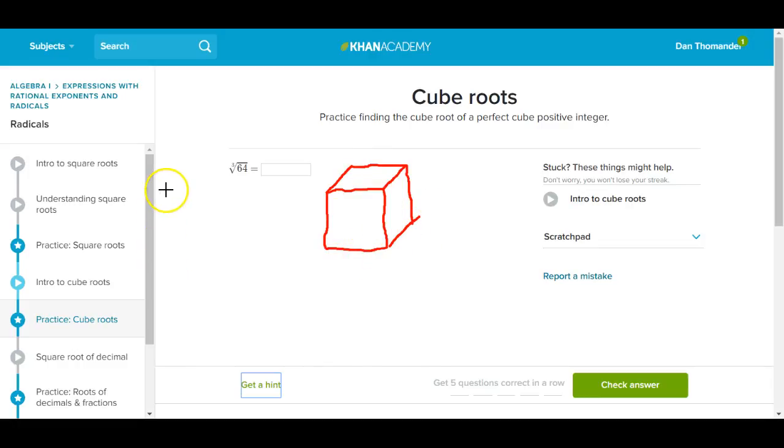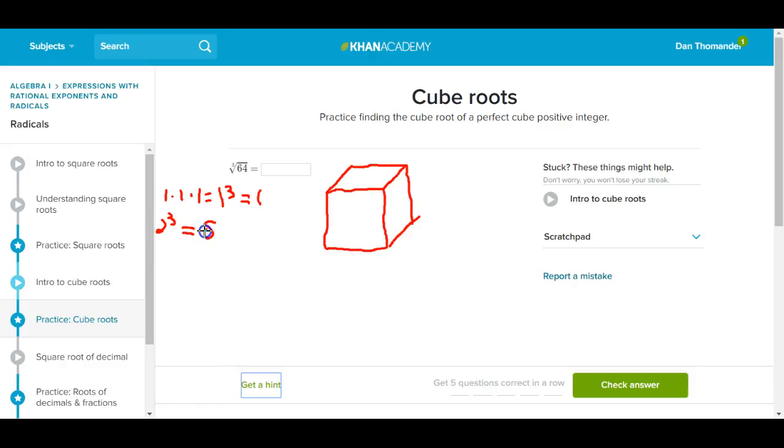So it's good for us to know, 1 times 1 times 1 is equal to 1 cubed, and that is equal to 1, right? So it's good to just sit there, and what are the other ones? 2 cubed. Well, 2 times 2 is 4, and 4 times 2 is 8.